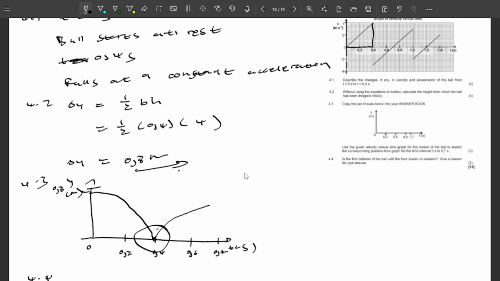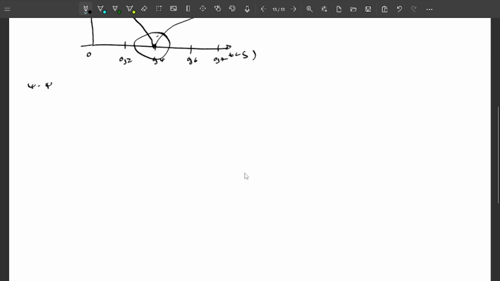So basically energy was lost during the contact time with the ground. With that said, you can just say it was inelastic. Inelastic collision. Why?